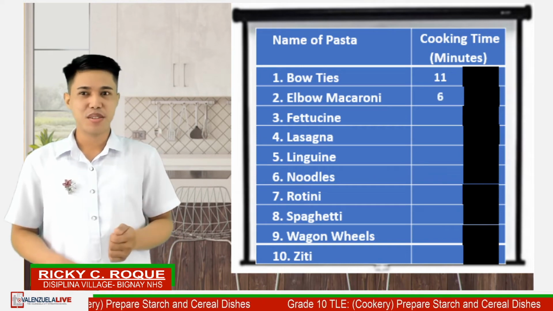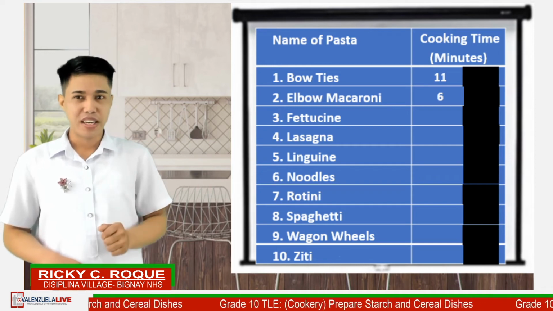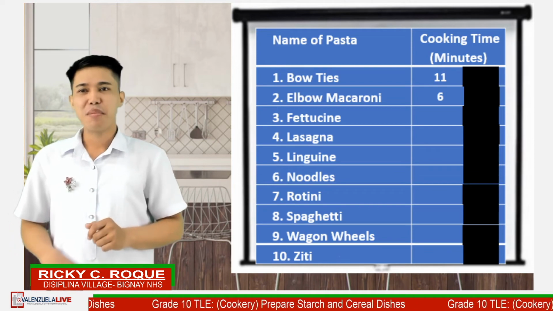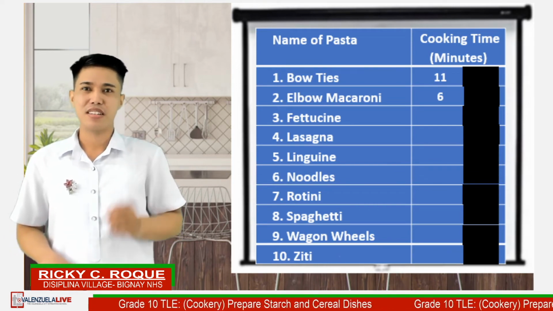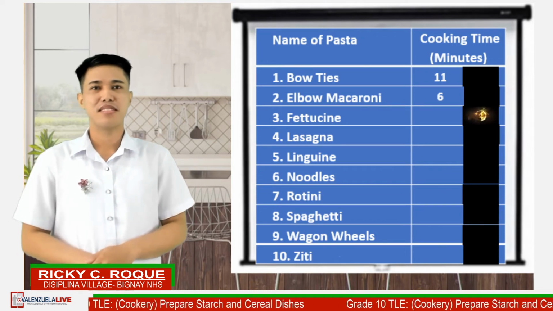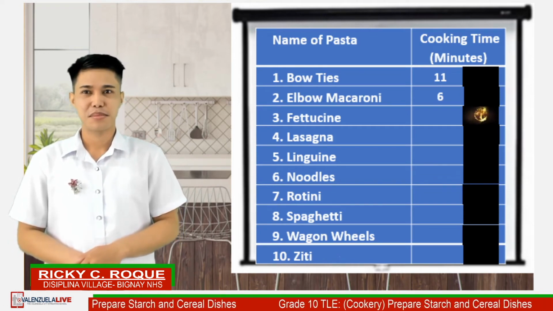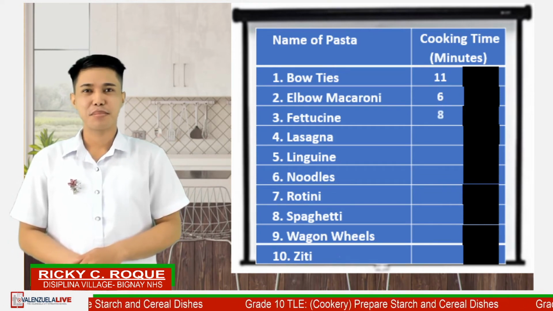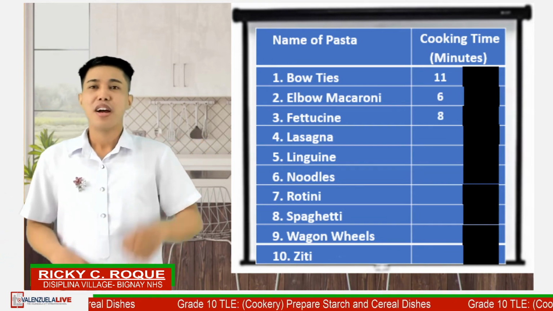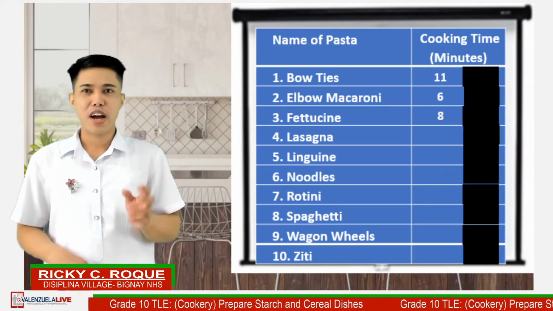The correct answer is elbow macaroni has a cooking time of 6 minutes. Wow! I know you got the correct answer. Number 3, fettuccine for 5 seconds. Fettuccine has 8 minutes of cooking time. Great! Number 4, lasagna for 5 seconds.